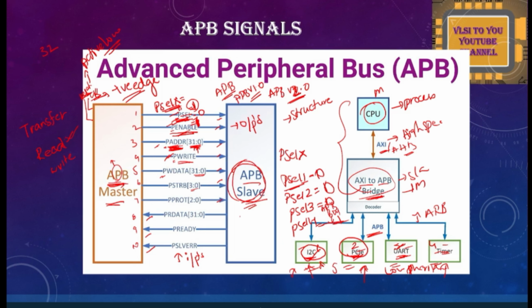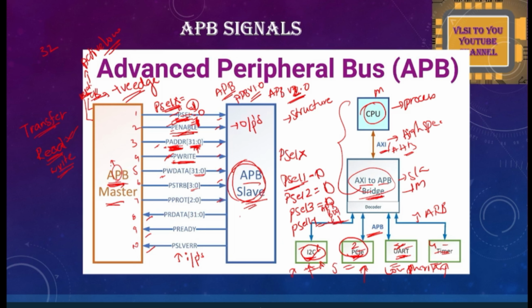Whenever the master wants to write something into the slave, then the write transfer takes place. Based on the P write signal, this read and write transfer is going to happen, because you already know that two types of transfers can't take place at a time. That means at a time we can't read and write. First we should read and then write, or first write and then read. You can't do both things at the same time.